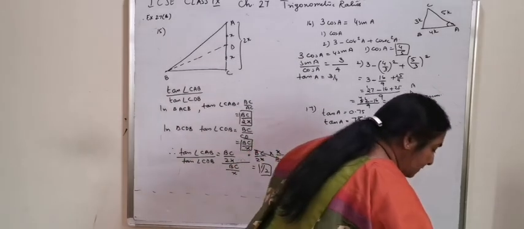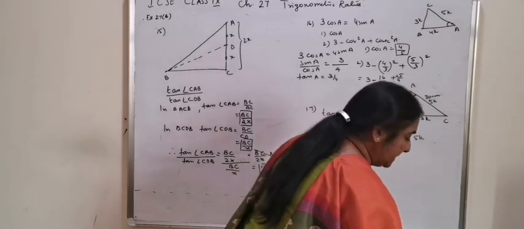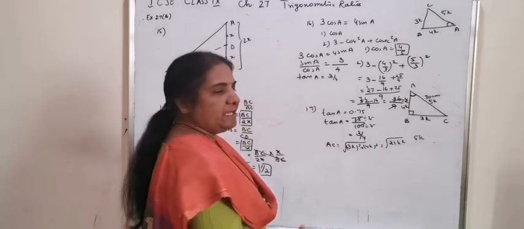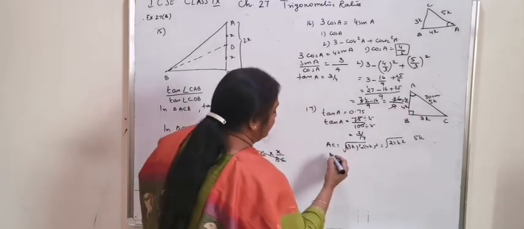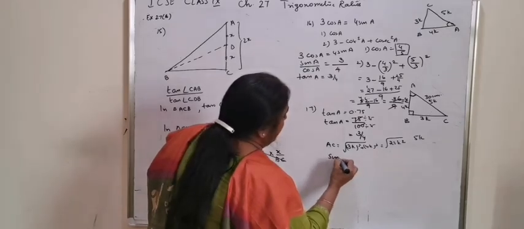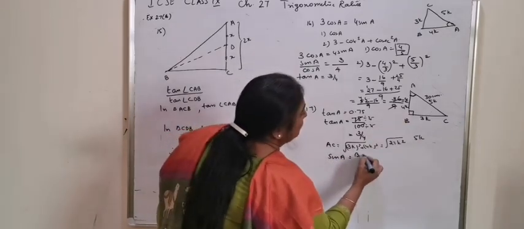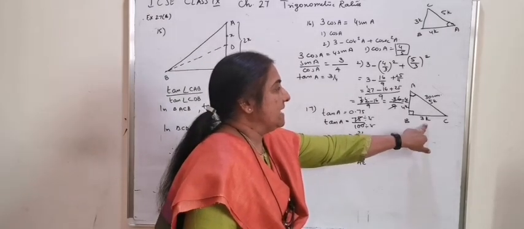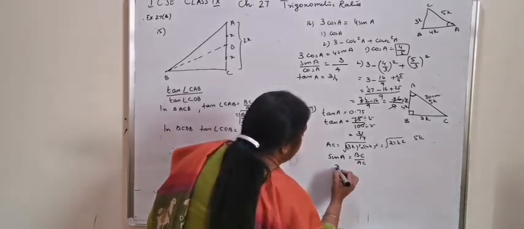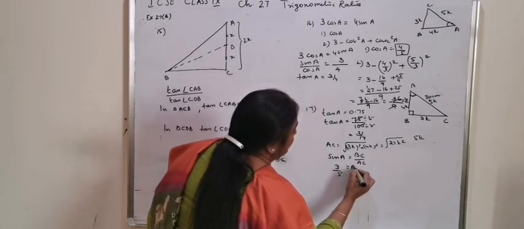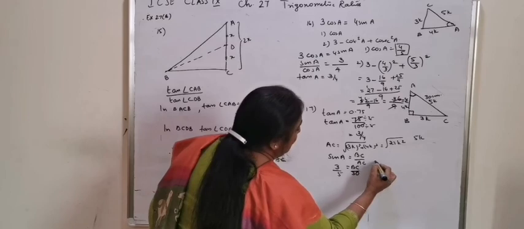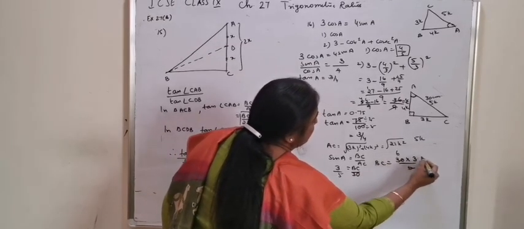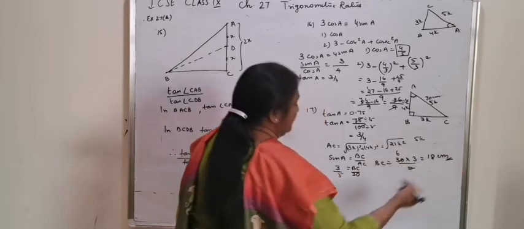Now what you have to find out is, if AC length is 30, find the length of AB and BC. Let's take any ratio. To get BC, sin A is equal to BC by AC. Sin A is 3 by 5, so 3 by 5 is equal to BC by 30, or BC is equal to 30 into 3 by 5, which is equal to 18 centimeter.